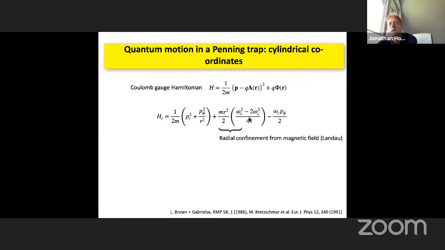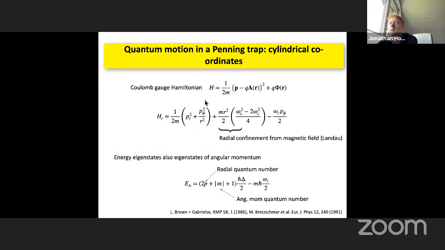So in that sense, what you have here in the radial coordinate, these are the radial terms, is a confining harmonic oscillator as long as omega c squared minus 2 omega z squared is positive. But on top of that, you have a term which is proportional to this canonical angular momentum, right? And this is the additional magnetic field term. And if the angular momentum gets large, you can see that these terms are always positive. So you've got essentially a confined oscillator, if you like, but you can start to have negative energy levels. That's going to be associated with the magnetron motion.